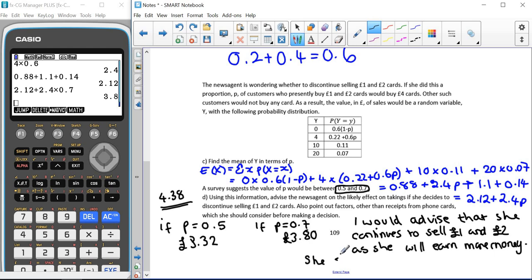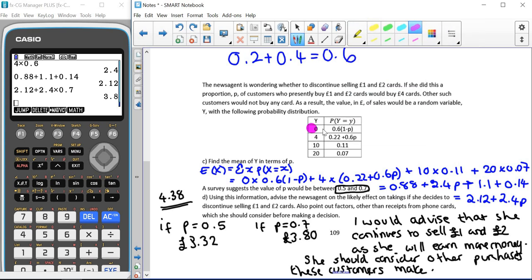So she should consider other purchases these customers make, because, for instance, if these people who decide to go elsewhere, so these people that we're saying give us zero money, if we say, oh, we're not going to sell you the £1, £2 cards anymore, and they say, fine, I'll go elsewhere, if they usually spend a couple of pounds on chocolate bars or something like that also at the register, then the shopkeeper is losing out on those as well.